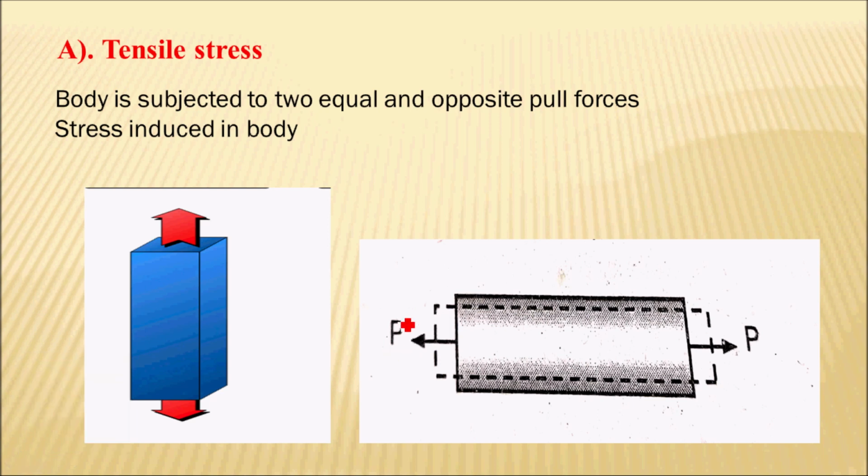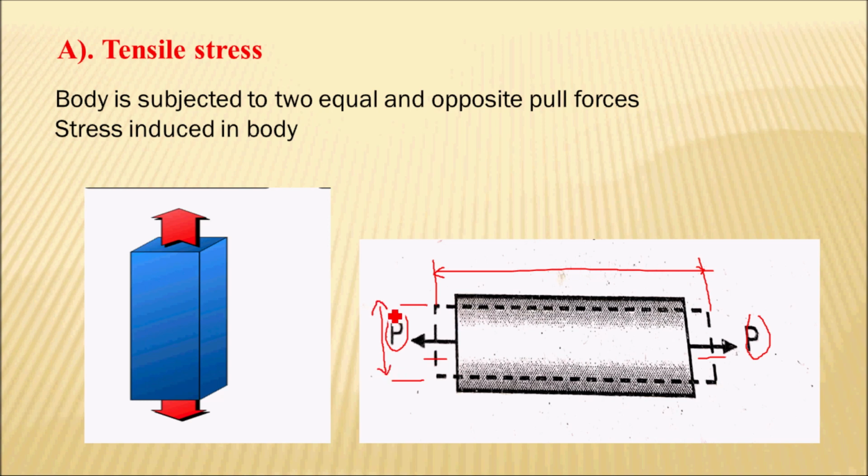Here in this image you can also see that the body is subjected to two equal and opposite forces, due to which there is an increase in length of that body and the cross-sectional area of that body is going to decrease.